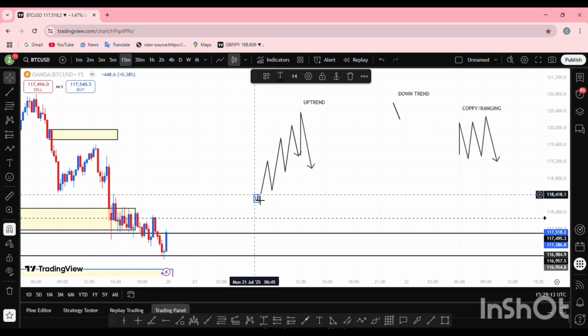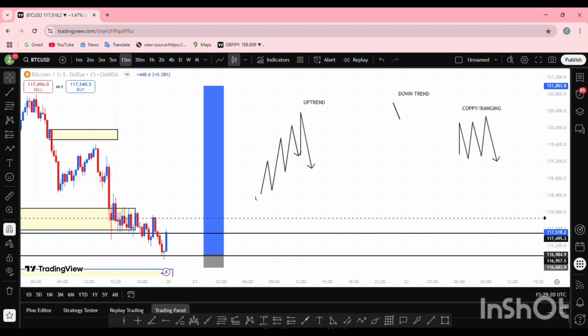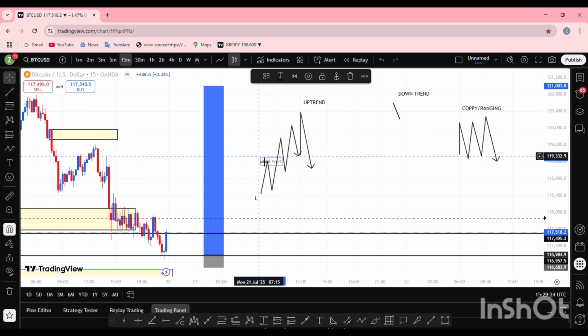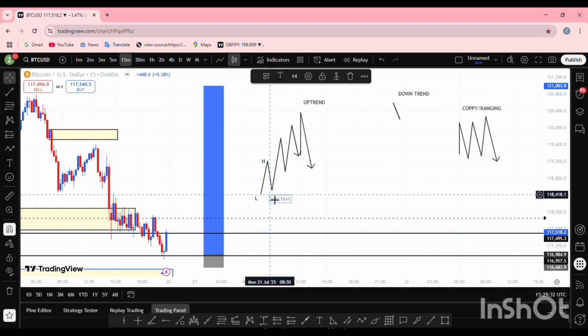Let's label our market. Down there is the low, meaning it's the lowest that the market has gone according to your analysis, right? We map that with the letter L. On the top, we have H, meaning that is the high that the market has gone so far.